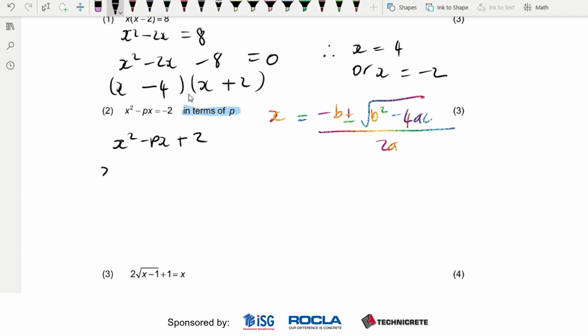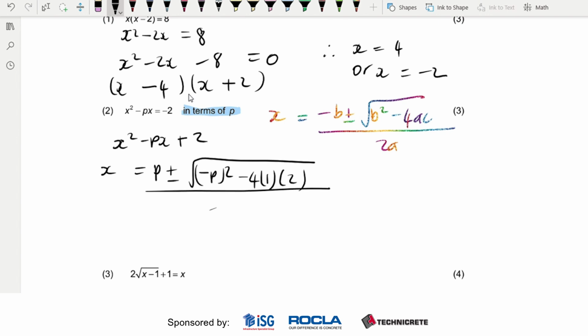We know that x is equal to negative b, which would be negative negative p, which is positive p. So that would be p plus or minus the square root of b squared. So b is negative p, so that's negative p squared, minus 4, a is 1, c is 2, everything divided by 2a, a is 1.